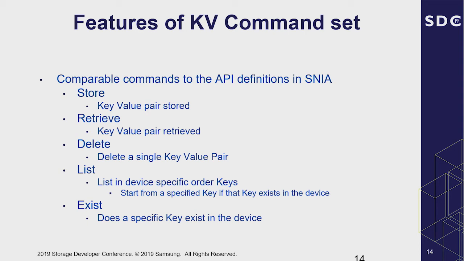Now, the thing of note here is the API has something sitting behind it that is your driver for your particular device. That driver could actually do some of those enhanced functions in the host to then turn it into multiple exist commands or multiple list commands.